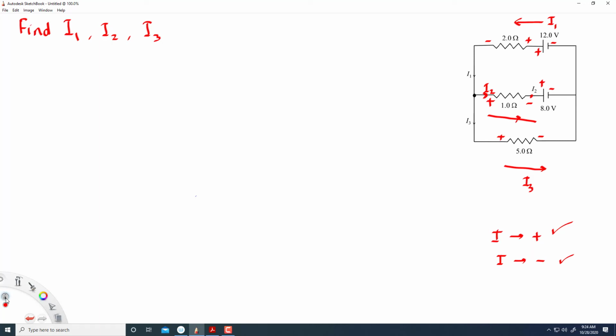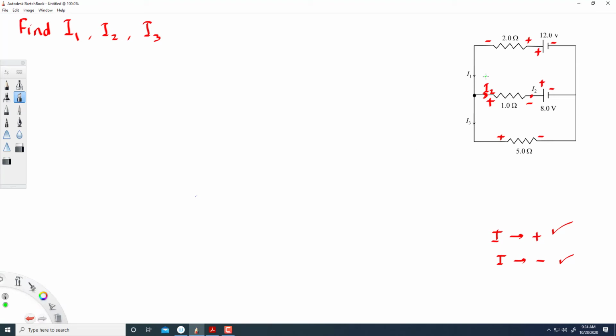So let's make it a little bit less messy. Let's erase that. The next thing is to choose the loop. Let's choose the upper loop and bottom loop, and then choose a path, either counterclockwise or clockwise, whichever you like.